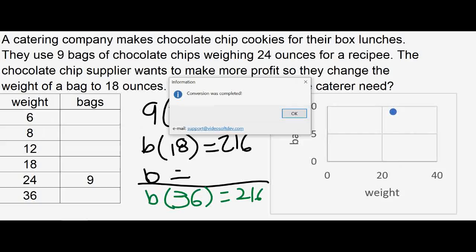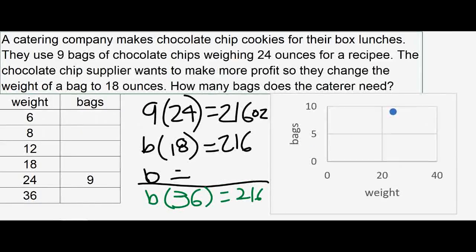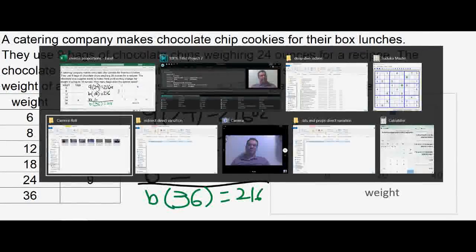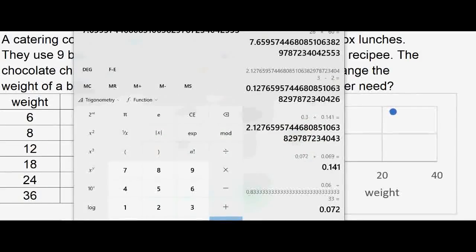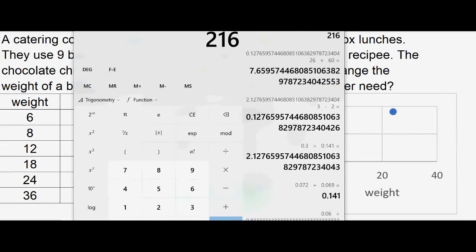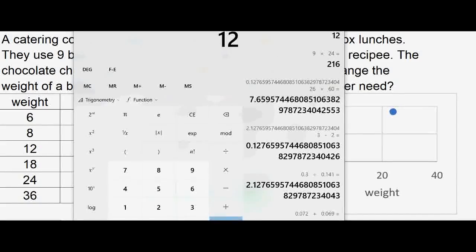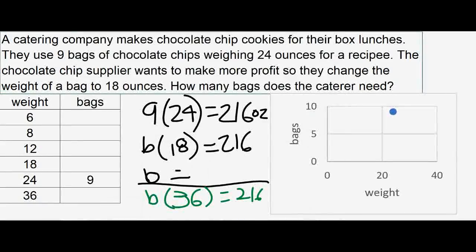I don't want you to wait for me to try to figure out that with my calculator. So, first of all, 9 times 24. Divide that by 18, and I get 12. So I need 12 bags.